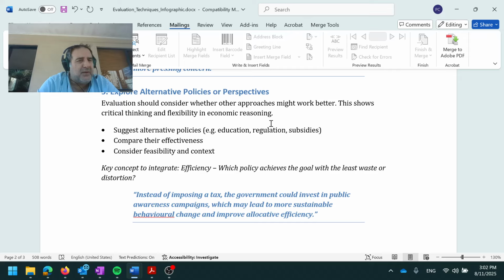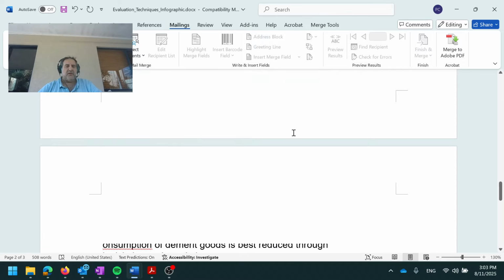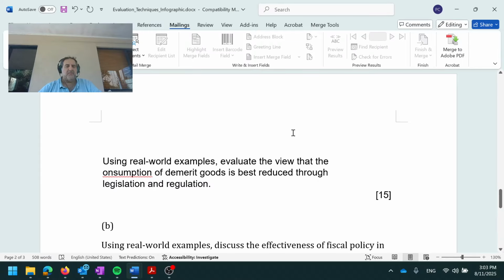So it is imperative, it is essential that you actually talk about an alternative policy, even though it's not directly or explicitly asked for. You must do that in Part B, okay? So keep that in mind.